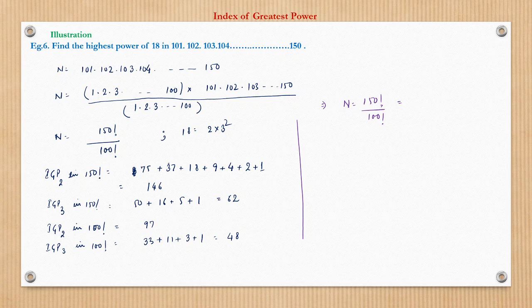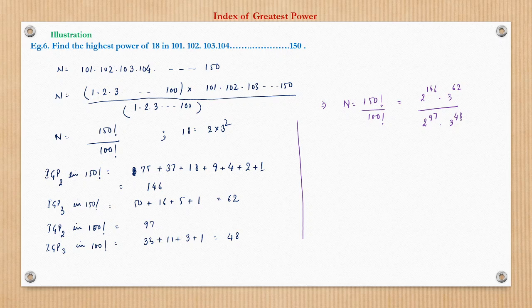So 150 factorial we can write as 2 raised to power 146 into 3 raised to power 62, and IGP of 2 in the denominator would be 97 into 3 raised to power 48.